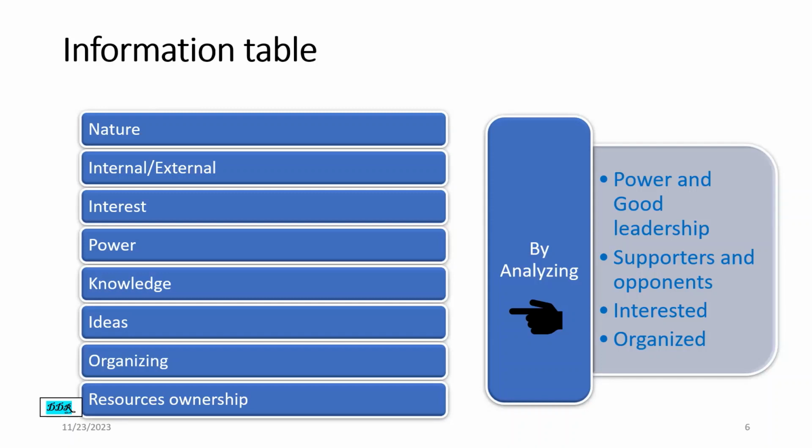And resource ownership: are there resources available with the person or the group? After analyzing these matters, we can identify the stakeholders who are more powerful, with good leadership, cooperative or opposed, interested people, and organizing groups.